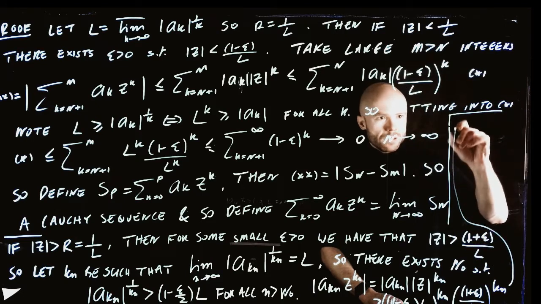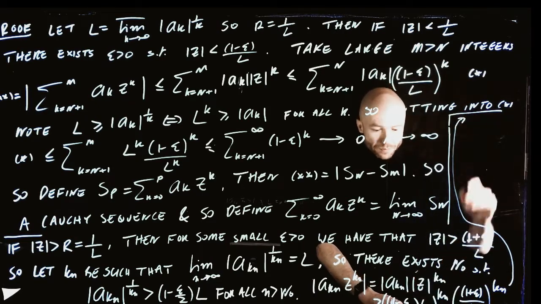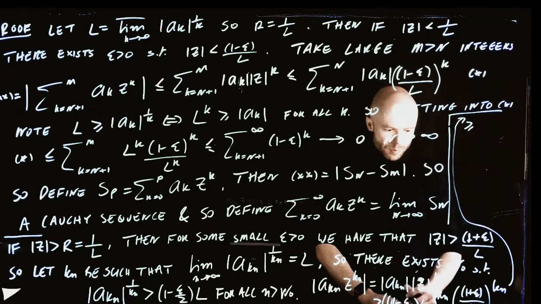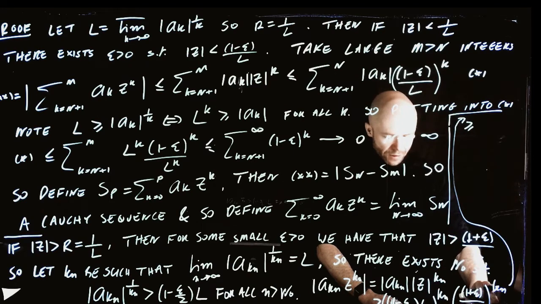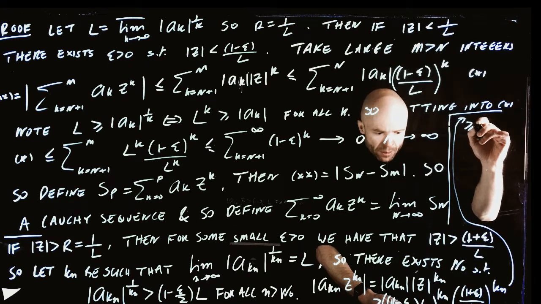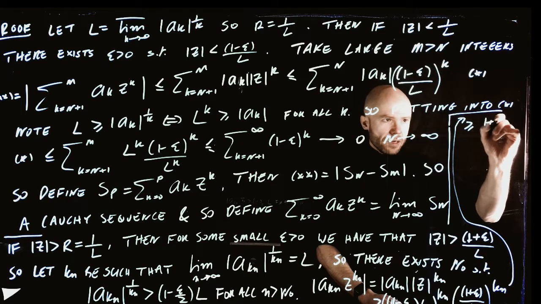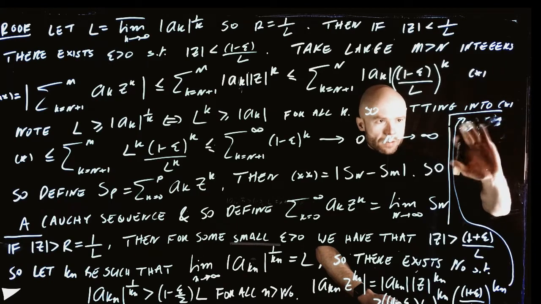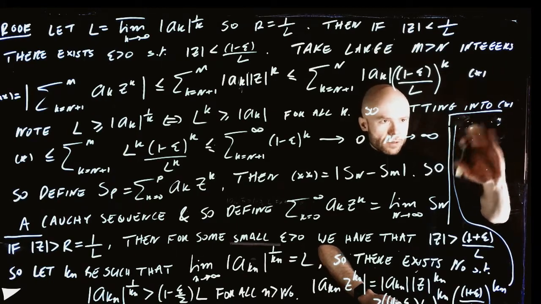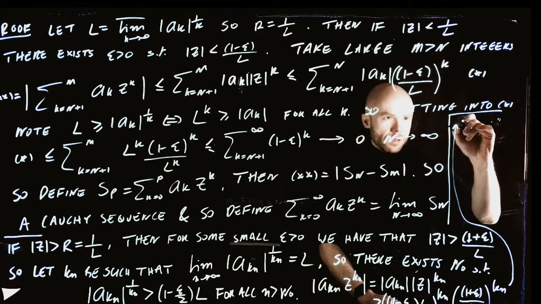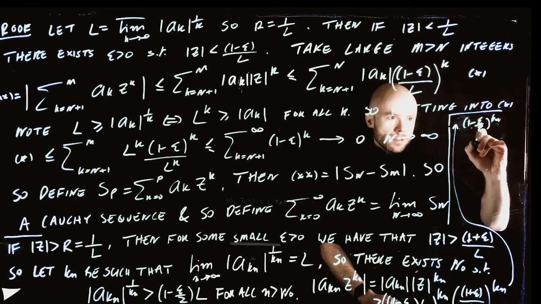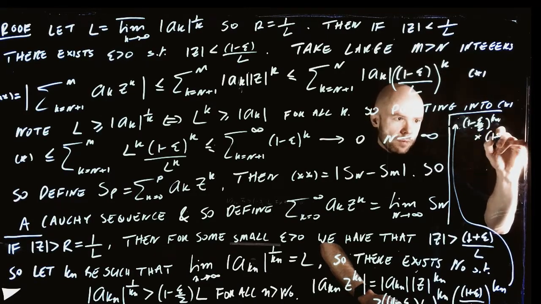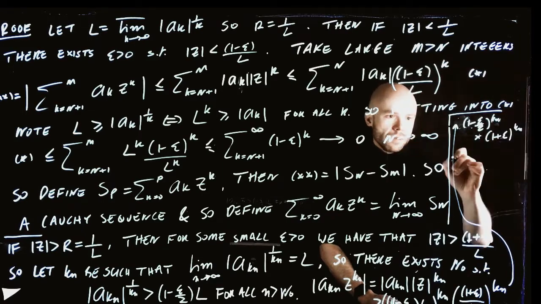So this stuff is bigger than, the L to the k_n and the 1 over L to the k_n are going to cancel. So this is going to be (1 minus epsilon over 2) to the k_n times (1 plus epsilon) to the k_n, right?